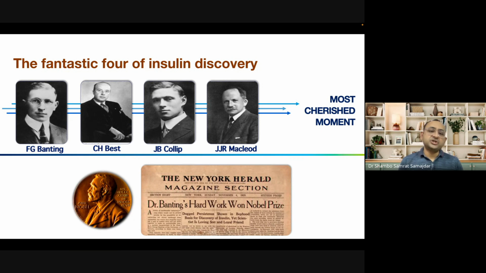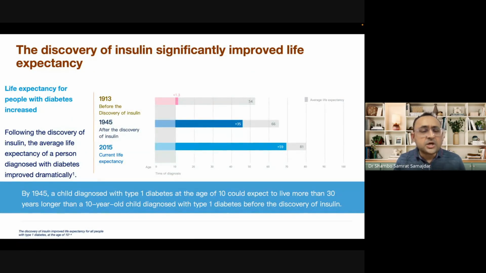They shared their award with Collip and Best. This is the most cherished moment, and we need to acknowledge this fantastic feat of insulin delivery. In this slide, we can see the discovery of insulin significantly improved life expectancy.